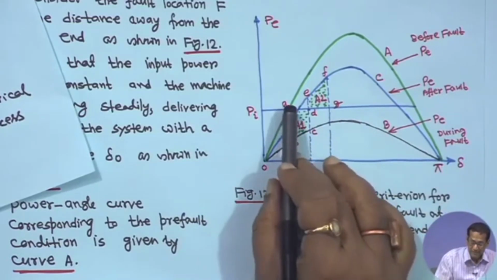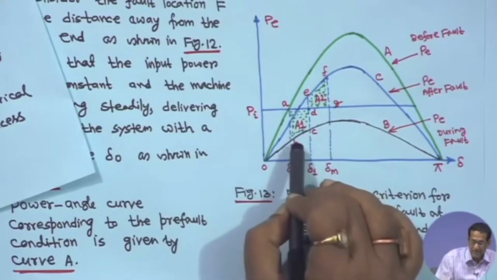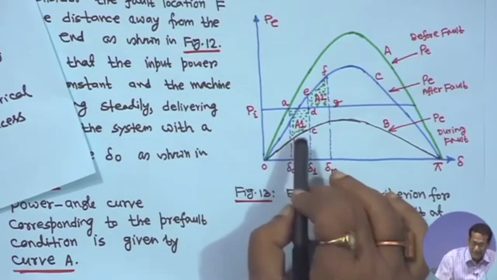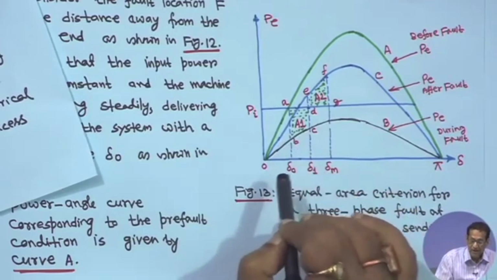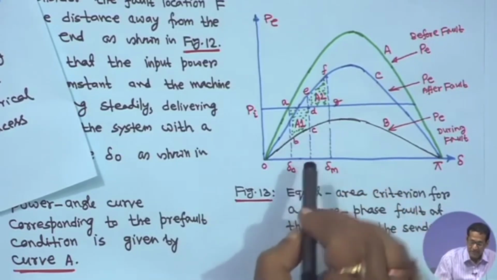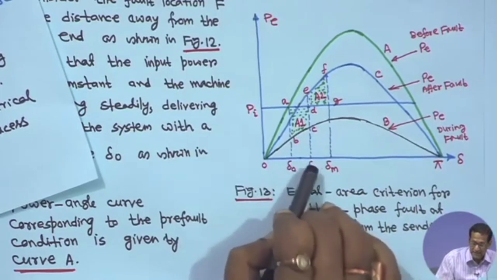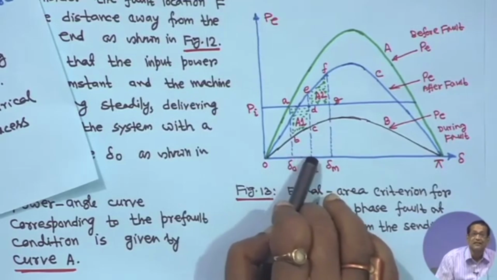As soon as it comes here, the mechanical input power will be greater than the electrical power during fault, because point B is below point A. The initial operating angle delta 1 will be continuously increasing.